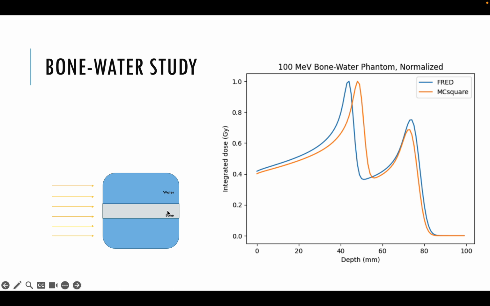And although here it seems like bone takes a lot less space, in the simulation the bone took around 40 millimeters of space in the 100 millimeter cube of water, or 40 millimeters of bone and 60 millimeters of water.